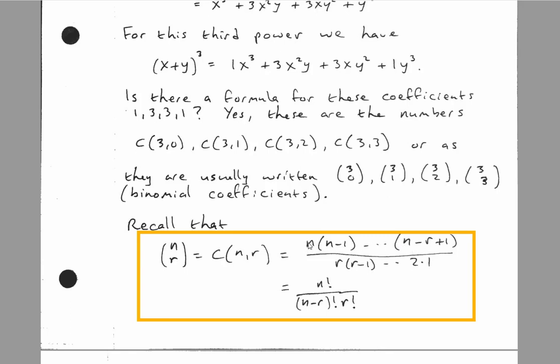So multiply r integers, starting with n and going down on the top, and then on the bottom it's r factorial, so r times r minus 1 down to 1. So that's the easiest way to compute these. Yet also, this is a factorial formula.